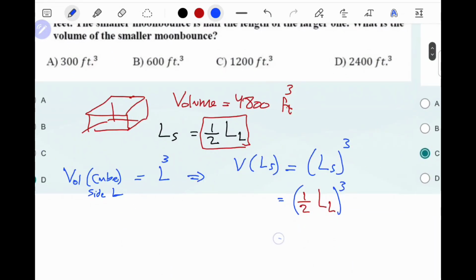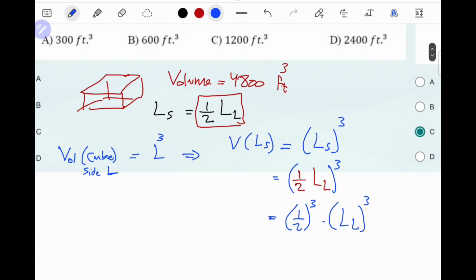So continuing, we can separate the fraction from the other term. So this is equal to 1/2 cubed times the volume of the big cube.